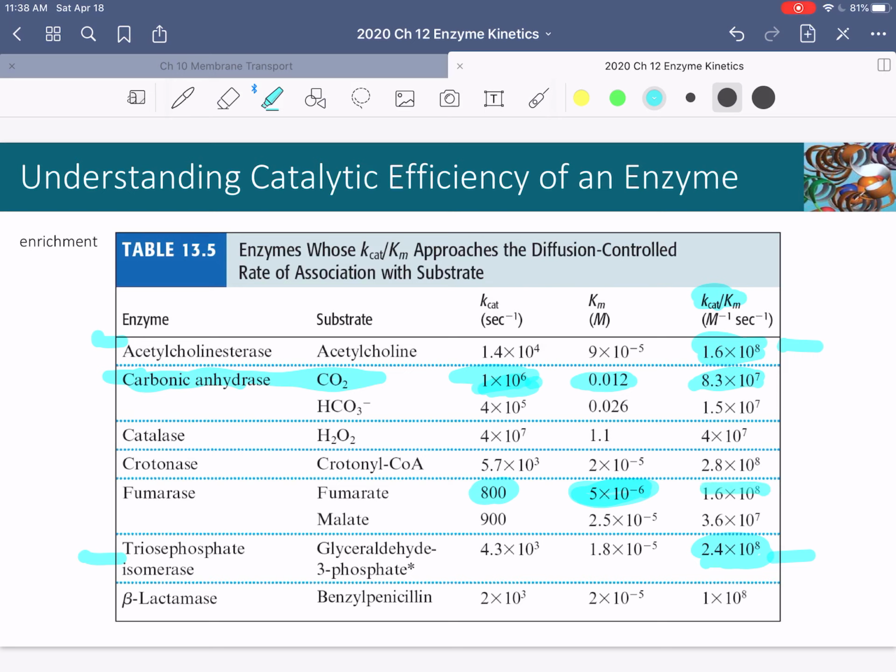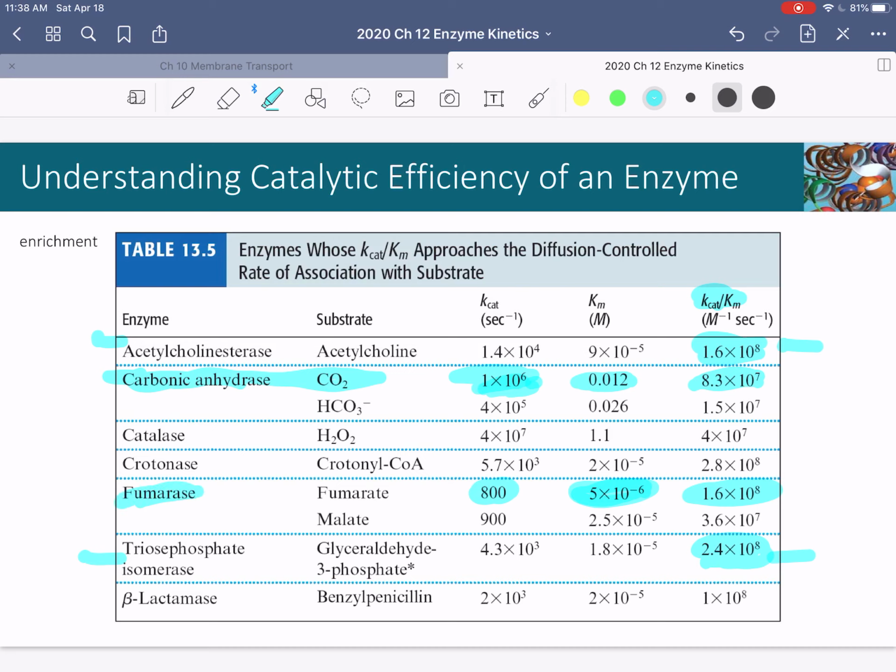So you can achieve almost perfect catalytic efficiency either through having an excellent Kcat and a crappy Km, like carbonic anhydrase, or a crappy Kcat and an excellent Km, like fumarase.